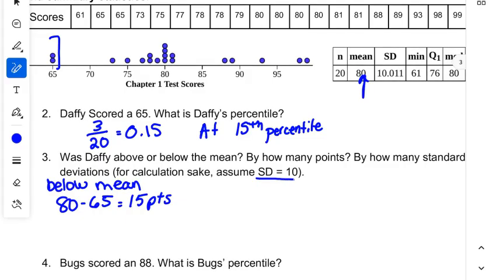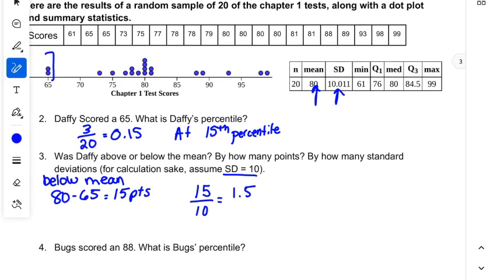For calculation's sake, assume that SD is 10. See how SD on our summary stats is 10.011? We're going to just round that to 10, to make it a little bit easier. We want to find out how many standard deviations, so we take the 15 that he was below and divide by 10. That comes out to 1.5. So his score was 1.5 standard deviations below the mean.